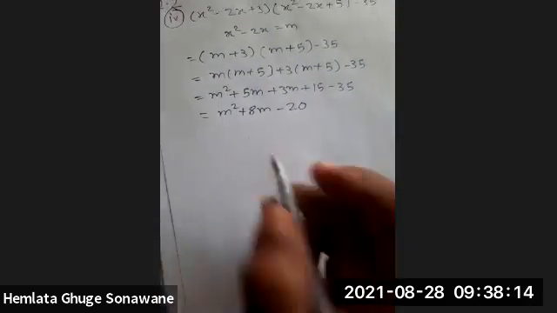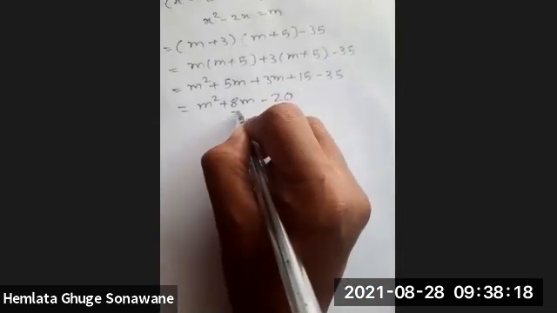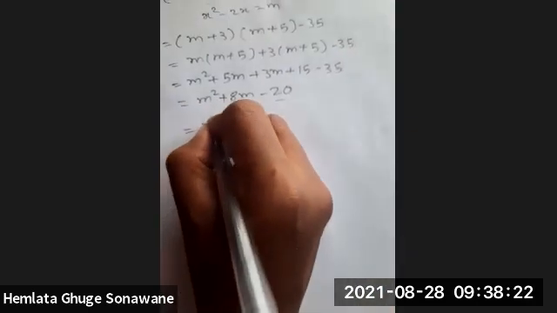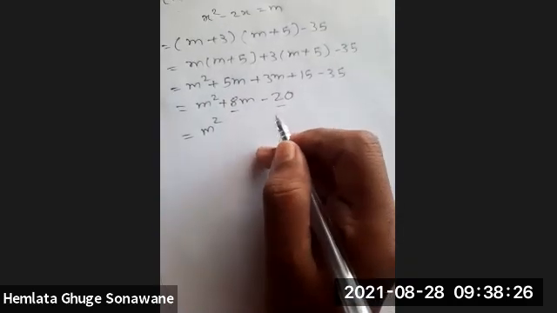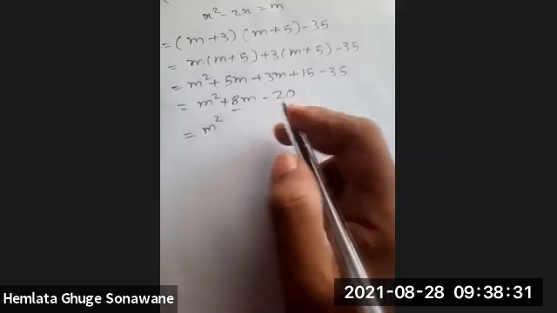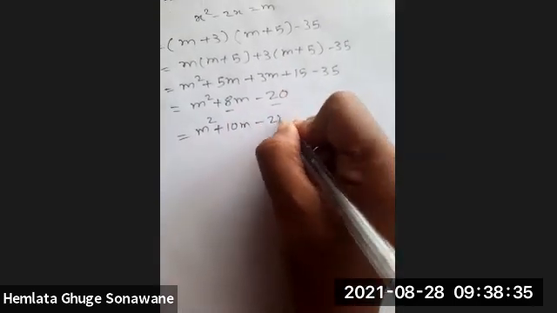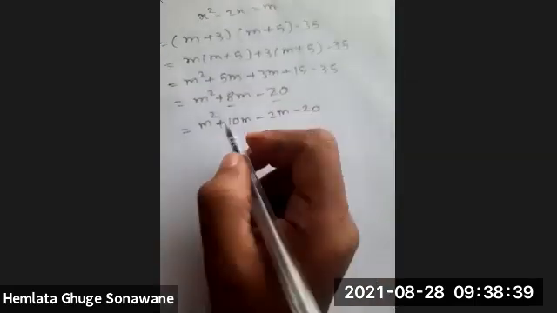Okay. Now here we have to factorize. Its sum should be plus 8 and product should be minus 20. We'll write m square as it is. 10 times 2 is 20 and 10 minus 2 is 8. We'll take 10m and minus 2m, minus 20 as it is.